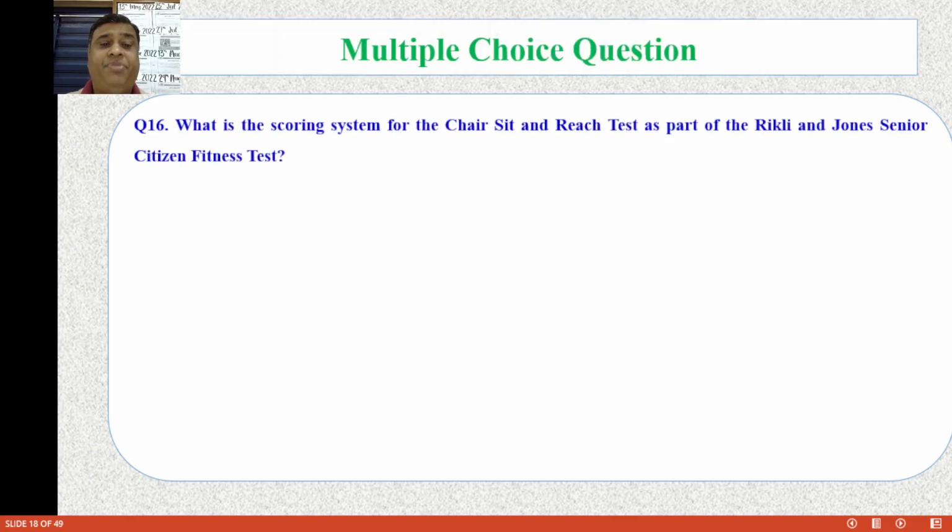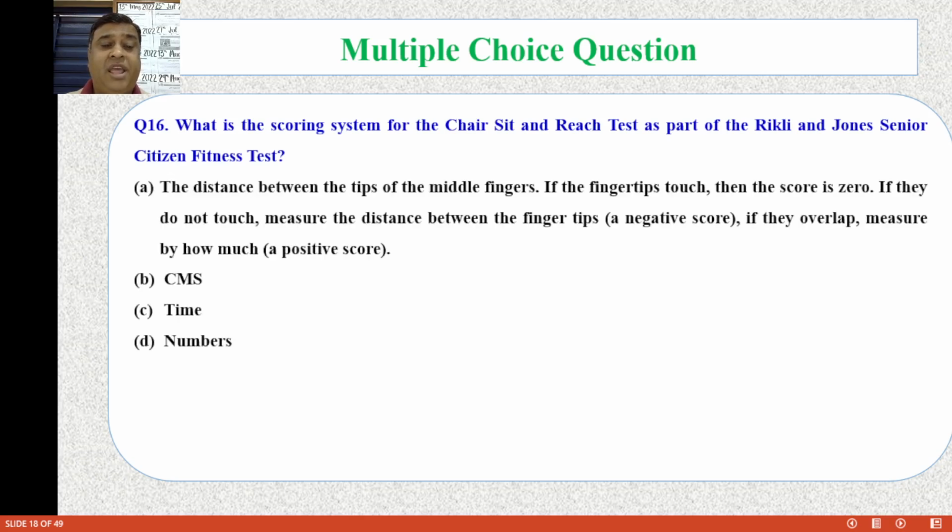Question number 16: What is the scoring system for the chair sit and reach test as a part of the Rikli and Jones senior citizen fitness test? Option A, the distance between the tips of the middle fingers.